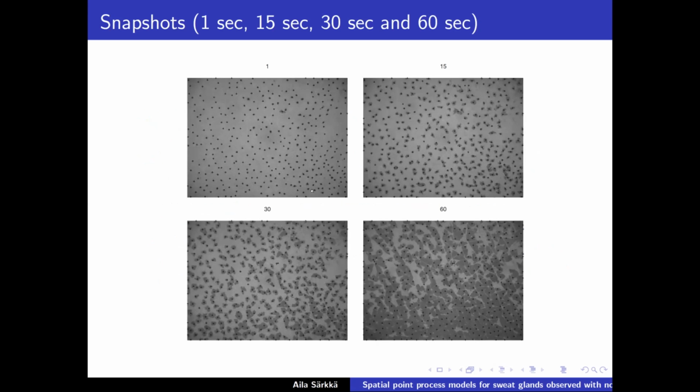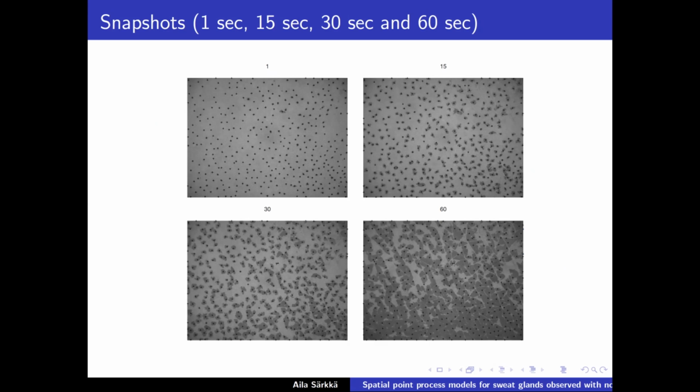They are first very small, they grow, and then in the end, the area is pretty much wet, even though there's still some dry skin as well. Even though here quite a few glands have activated during the first second, there are more coming as time goes by. But this is sort of the idea. You get more and more spots and you get more and more wet area.